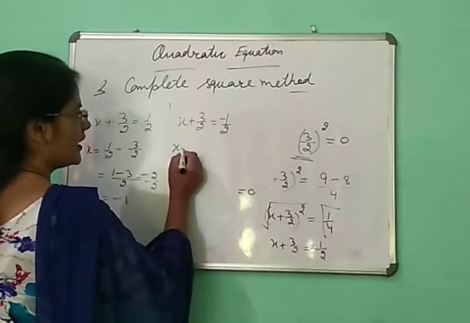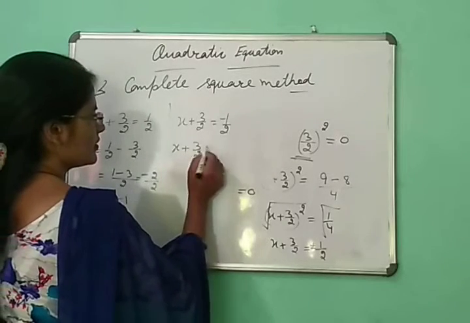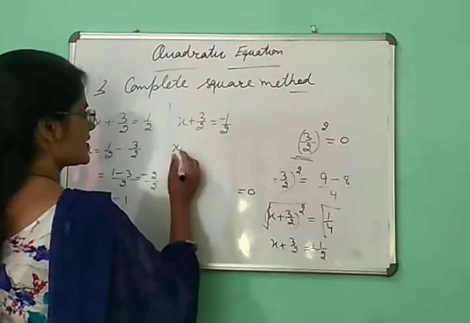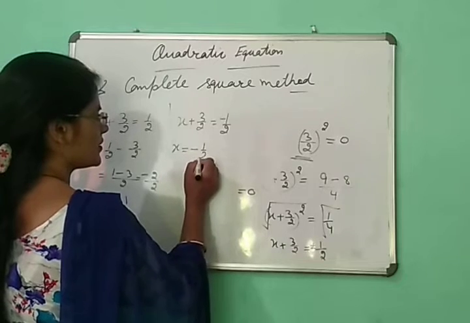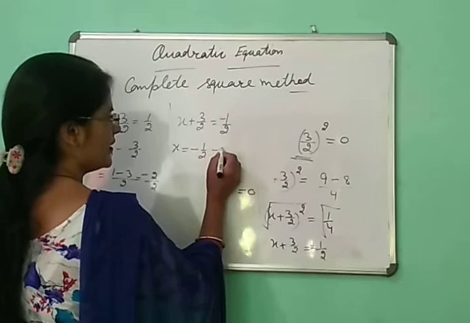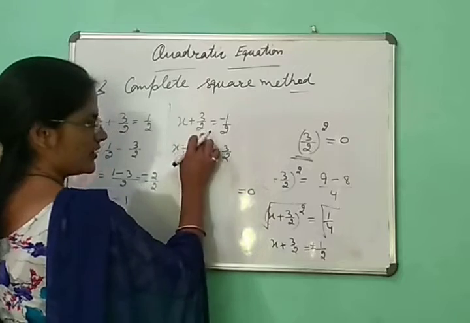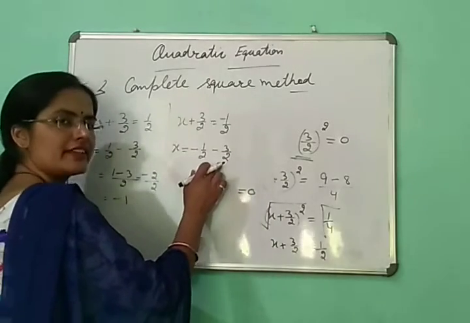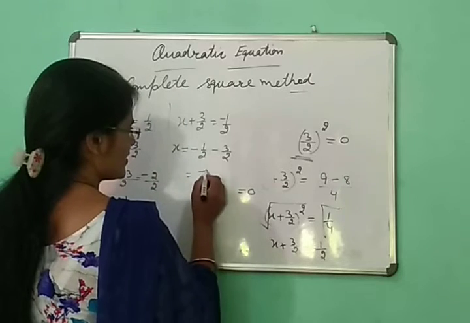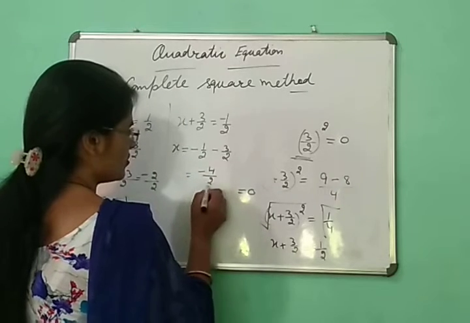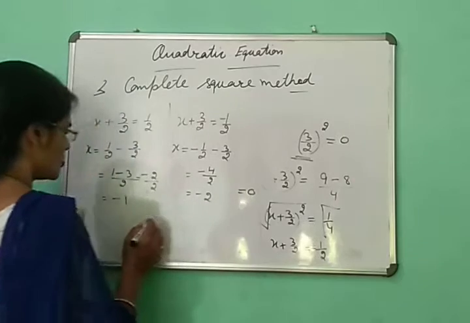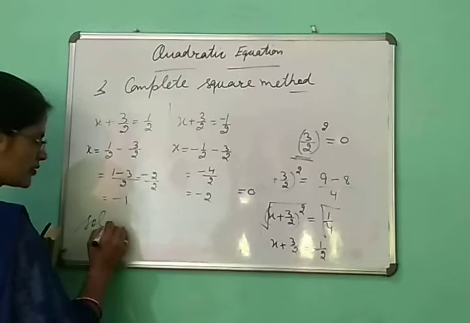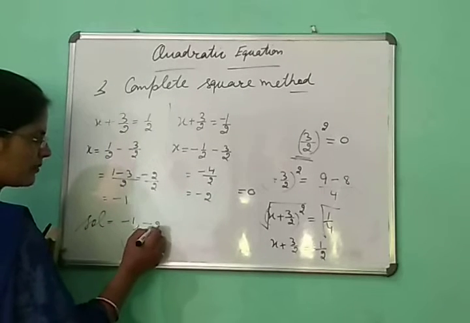And from here, x + 3/2 is equal to minus 1/2. Change the side, then the sign also changes. When we change the side of this number with plus sign, here it becomes minus 3/2. So when we take the LCM, this becomes minus 4 by 2, which is equal to minus 2. So our solution is minus 1 and minus 2.